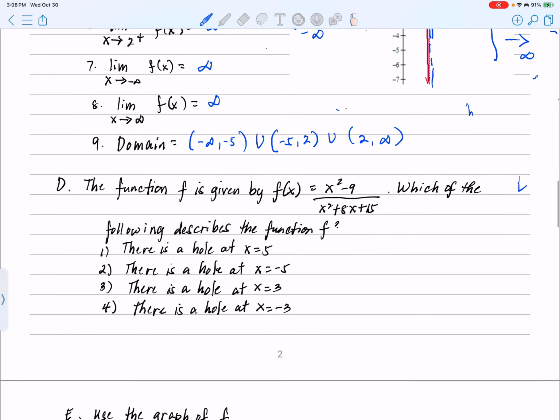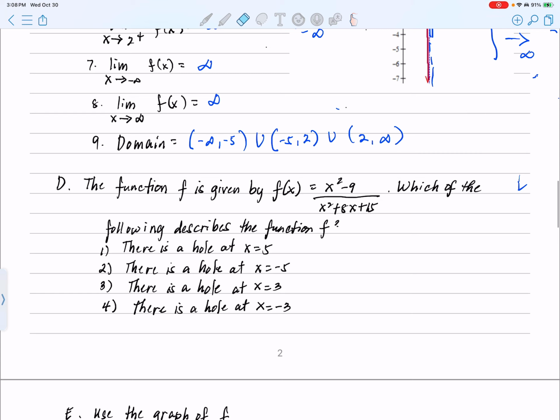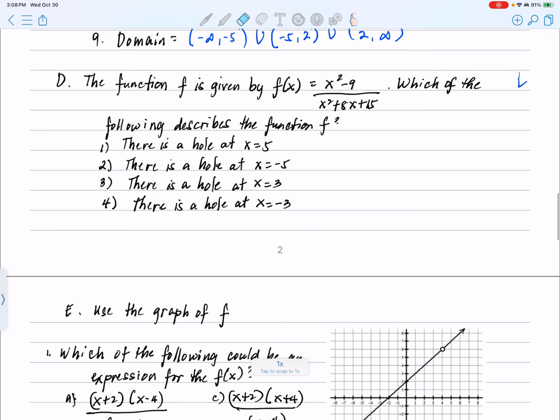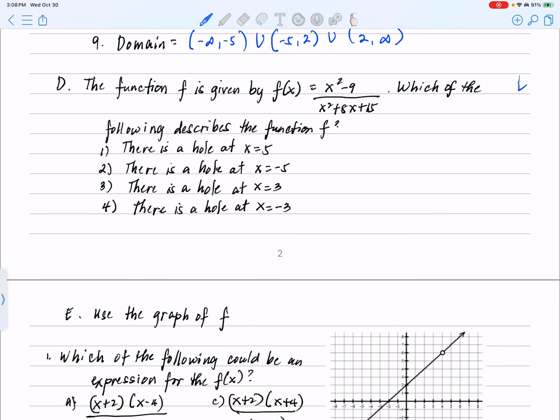All right, let's do this. The function is given by f of x equals x squared minus 9 over x squared plus 8x plus 15. Okay, we'll try to factor.